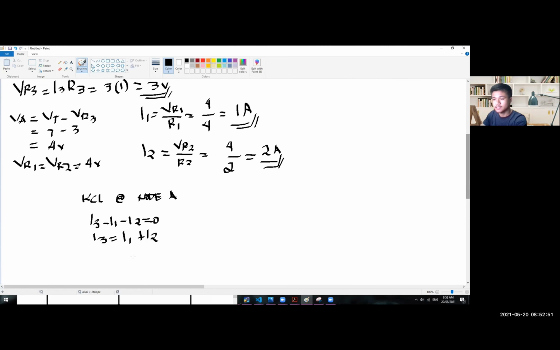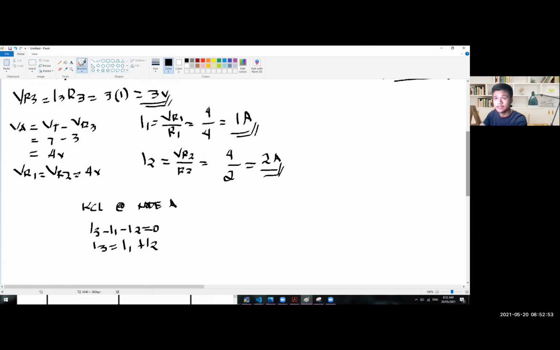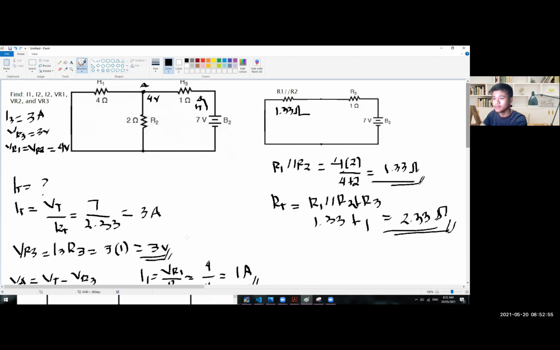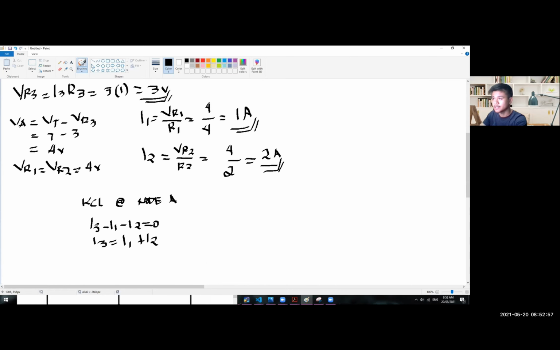So what is our I3? I3 is 3 amps. And I1 and I2 have a value of 1 amp and 2 amps. So 1 plus 2 is 3 amps. So our values of our currents are correct. Okay, so there you go.